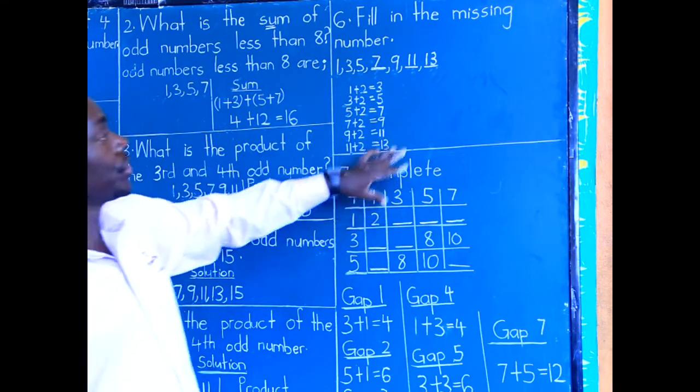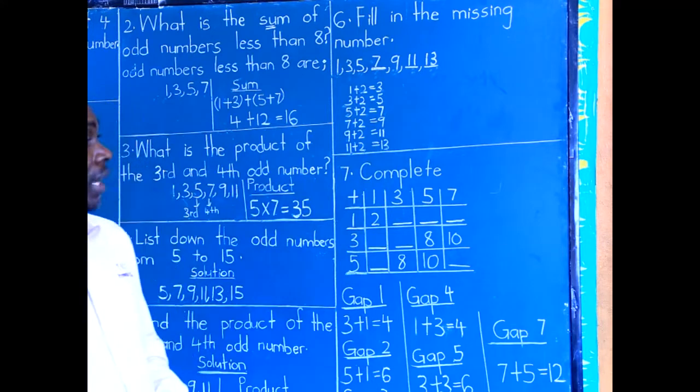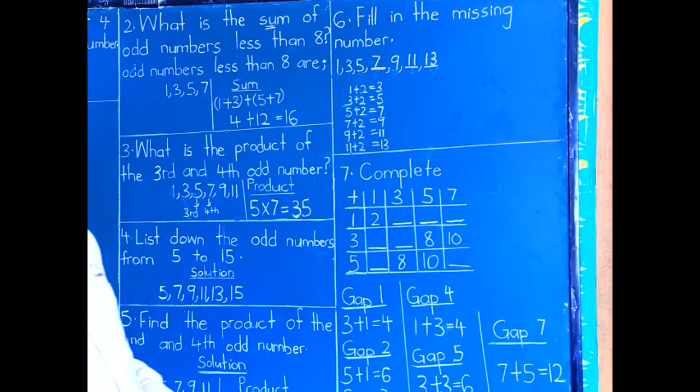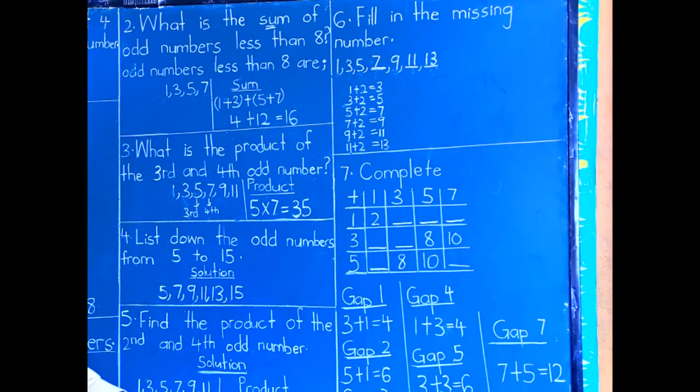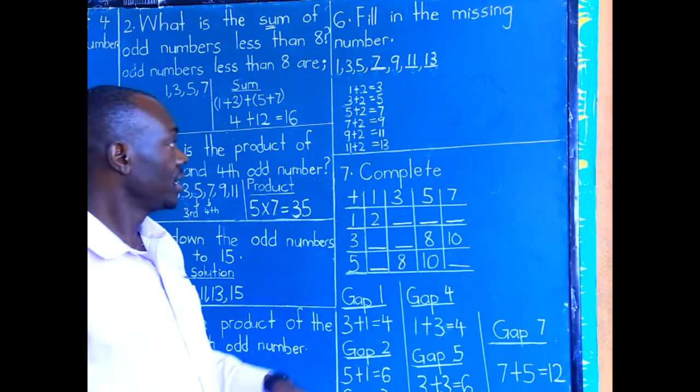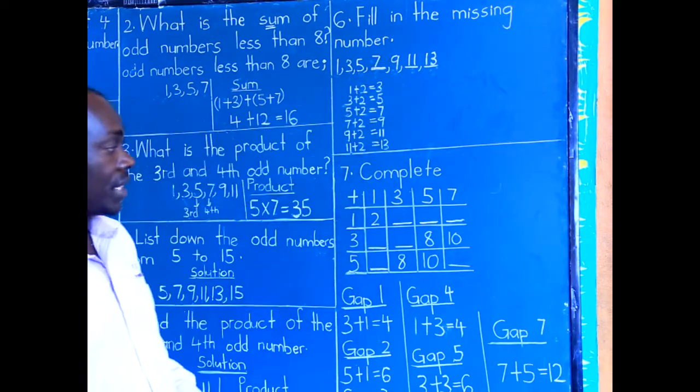So you go on adding 2 to get a new one. It's like even numbers where we went on adding 2. So even odd numbers have got a common plus 2 pattern or sequence, and then you get the numbers.